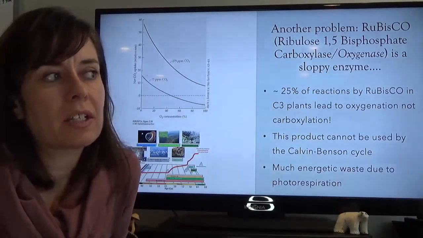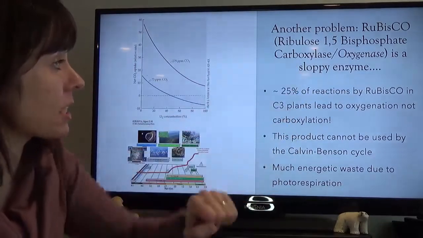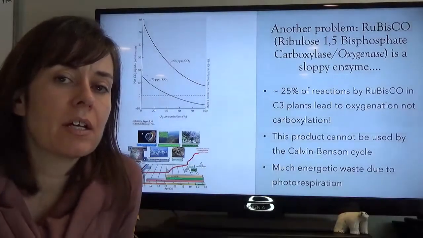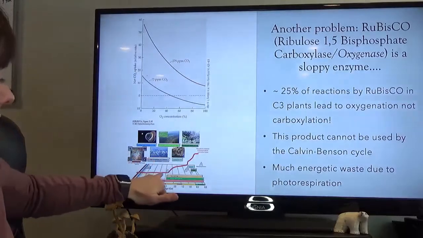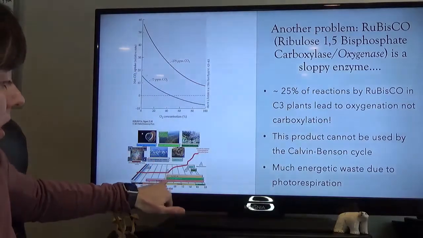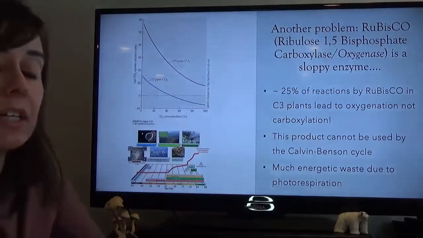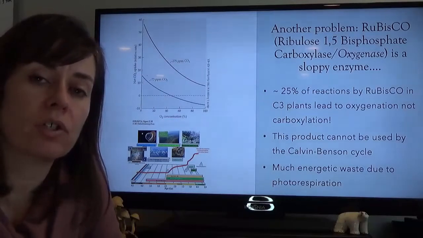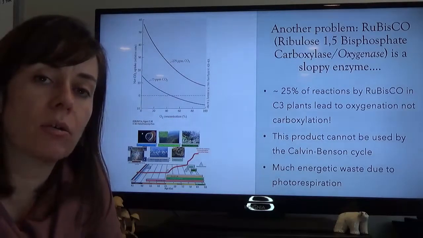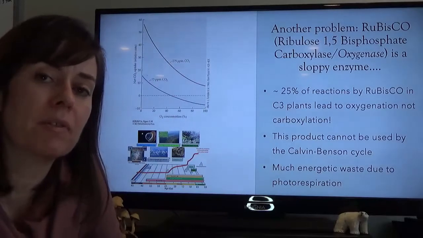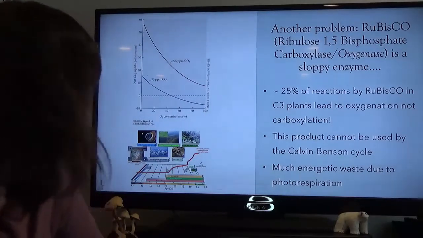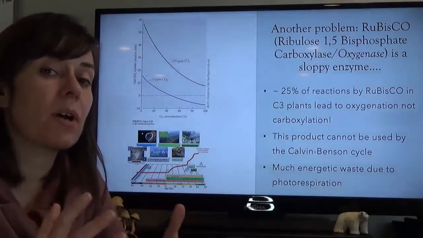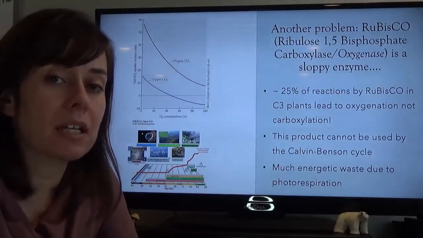It has a higher affinity for carbon dioxide, but this enzyme evolved during a time when atmospheric oxygen concentrations were very low. This would not have been a problem because atmospheric carbon dioxide concentrations would have been very high. But as the oxygen concentration in the atmosphere increased, all of a sudden there's a lot of oxygen to compete for that binding site on Rubisco.